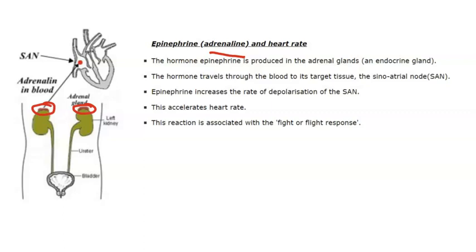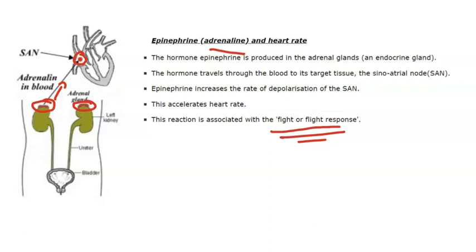When one is subject to stress, something frightening, we secrete epinephrine from the adrenal gland. This travels through the blood and targets the sinoatrial node, accelerating heart rate. This is known as the fight or flight response, a classic mode of self-protection from threats.